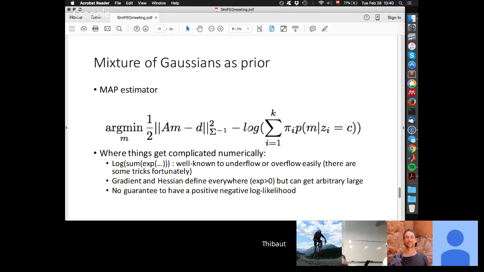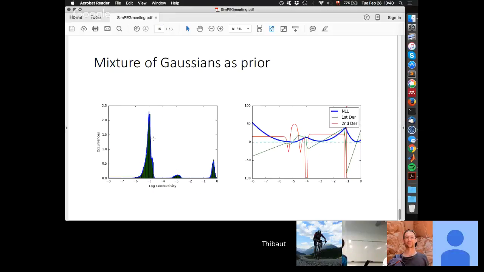Maybe numerically, but we'll see that later. So that's just an example. That's my model here, and I just have 5 Gaussians to fit that. That's quite nice, it's all differentiable. In blue is my negative log likelihood of that.